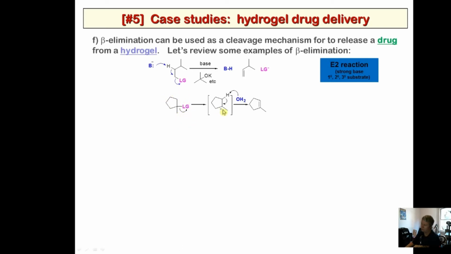But once you form the carbocation, the base, in this case water, will just take off that proton and make the alkene. So this is an E1 reaction. So it's a weak base or solvent. We often call this solvolysis, or when you learn solvolysis, we usually teach the SN1 reaction, which is kind of like this, but the leaving group goes away, and then a water or alcohol nucleophile attacks the carbocation. Okay, so E1 often accompanies an SN1 reaction.